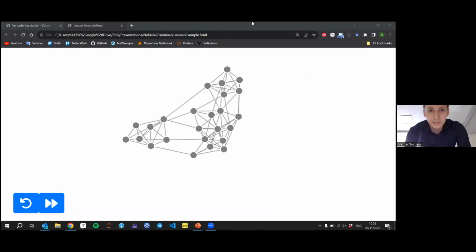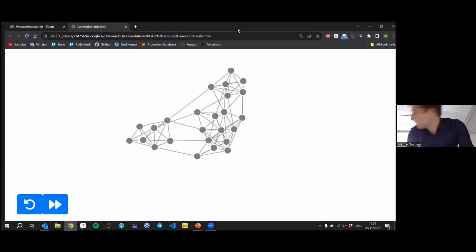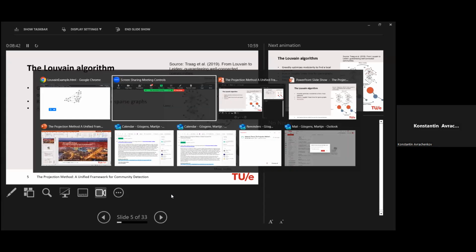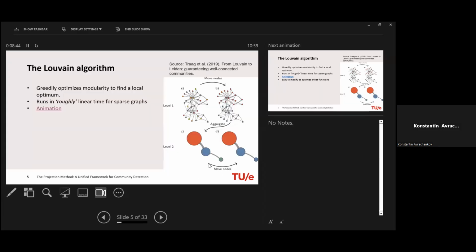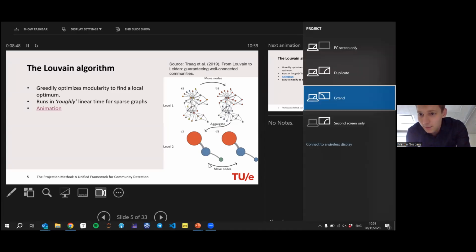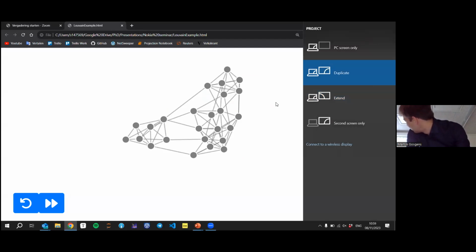Now they can see it. Wait. Okay, and now you cannot see it again. Oh, wait, I think I have a better solution. Duplicate. Now everyone can see it again?